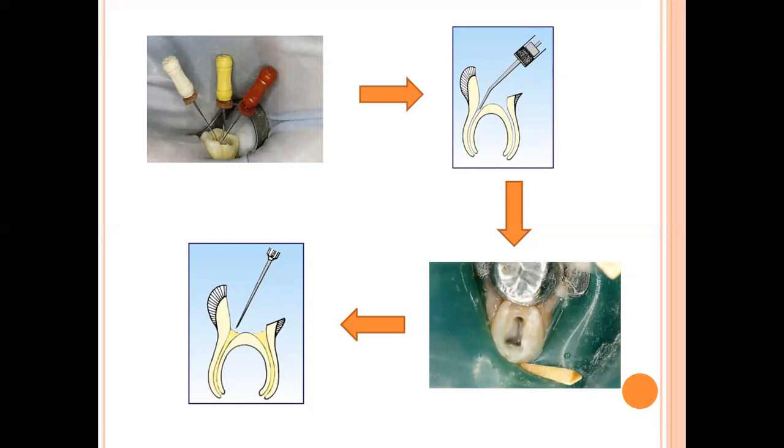The most commonly used is the radiographic method, wherein the files are placed at the length where they get the maximum resistance, and the X-ray is taken. X-ray can be taken in the form of an RVG or a normal intraoral periapical radiograph. Followed by that, irrigation is done, and the tooth is obturated with a biocompatible material.